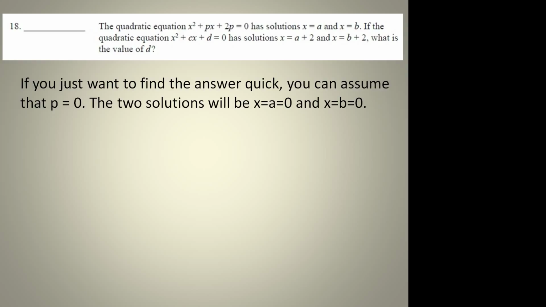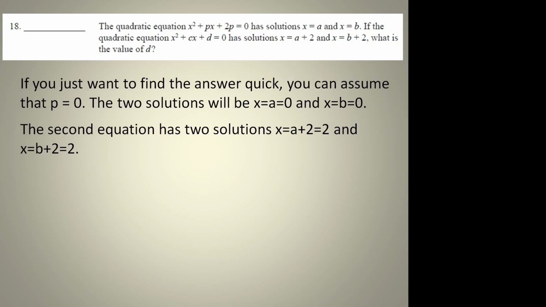So in that case, the second equation, x squared plus cx plus d equals 0, has solutions x equals 2 because a is 0, and another solution is also 2, b equals 0. So you have two solutions. Okay, we know that for a quadratic equation to have two solutions, the quadratic polynomial should be x minus the first solution times x minus the second solution.